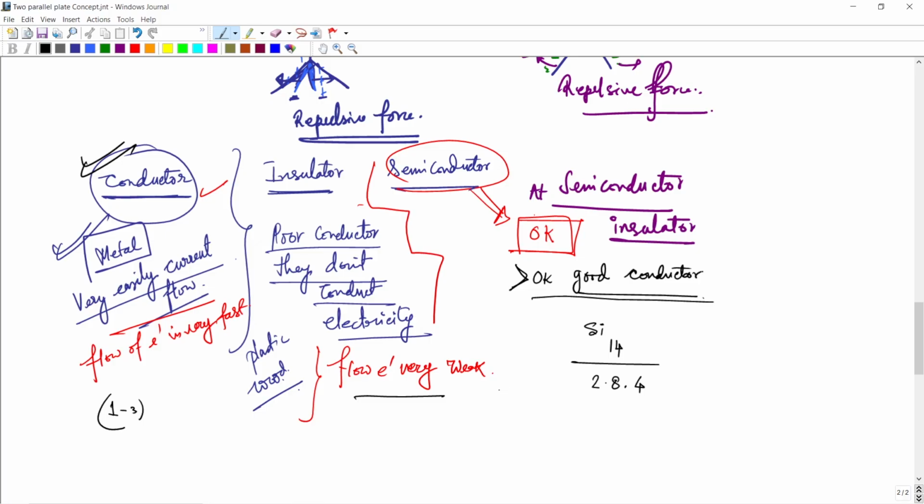So the last shell electron number for non-metals is 5, 6, 7. That's the concept of semiconductor, insulator, and conductor.